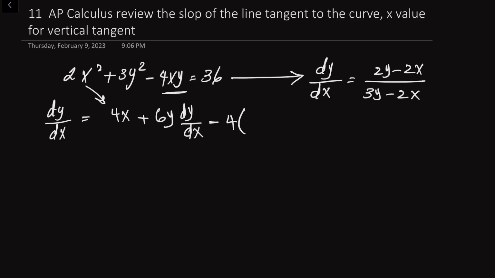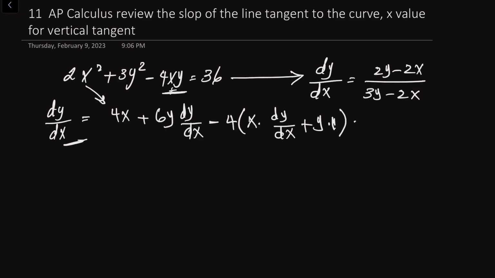We have two functions here, so that's the product rule: the first times the derivative of the second plus the second times the derivative of the first. We differentiate in terms of x. So the first is x times the derivative of the second, which is dy over dx, plus the second, which is y, times the derivative of the first, x, which is 1.